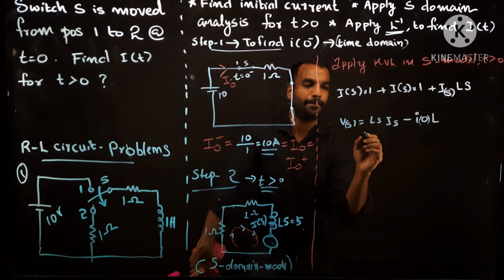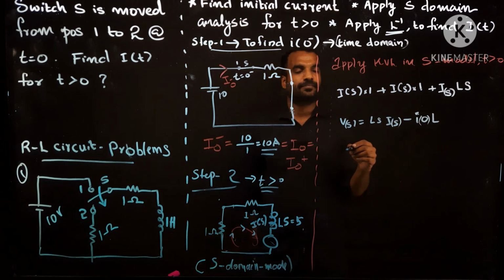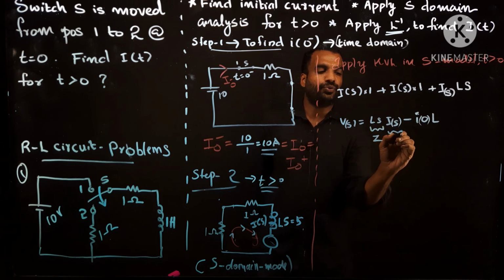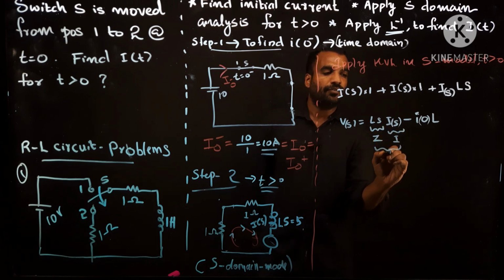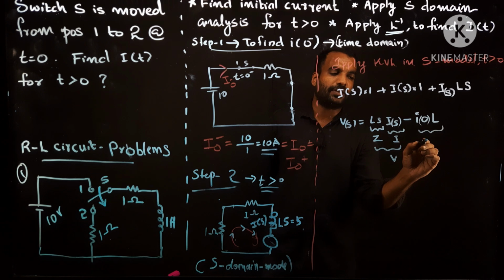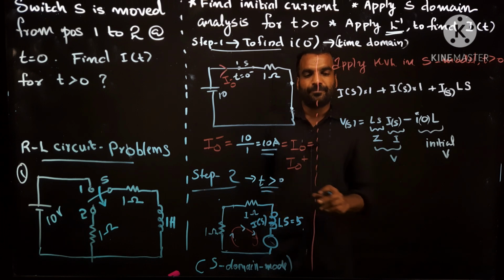Ls Is is nothing but impedance into current, so that is a voltage. I0L is nothing but initial current into inductance. It represents the initial voltage. From this only we are deriving this condition.